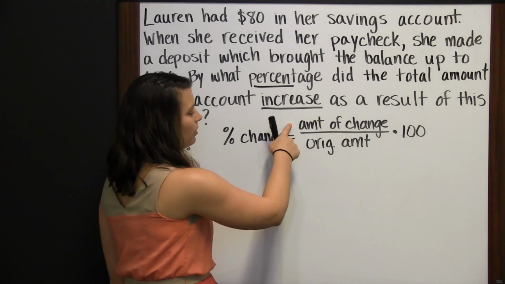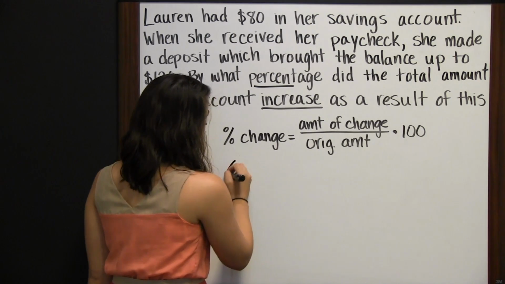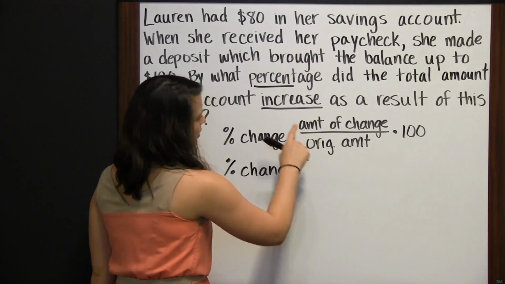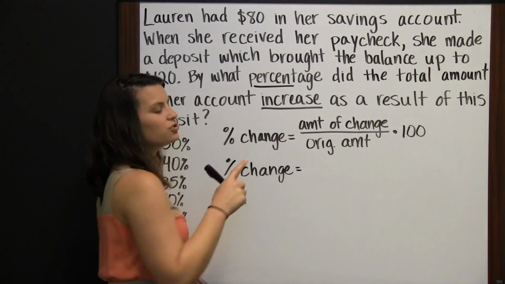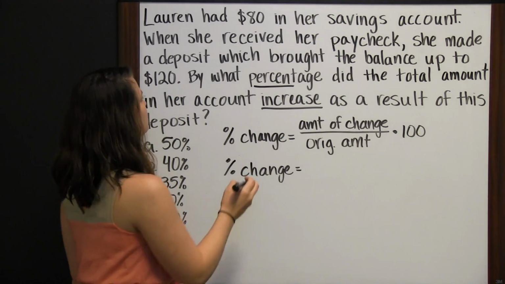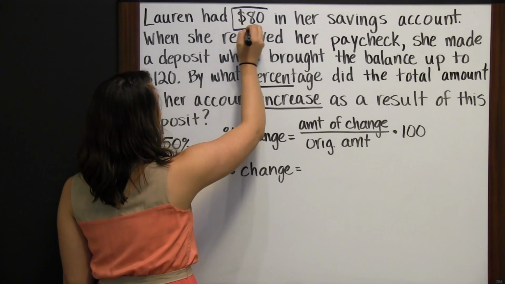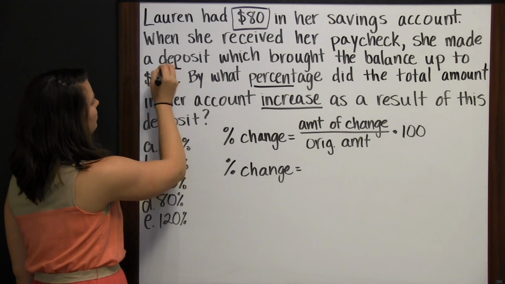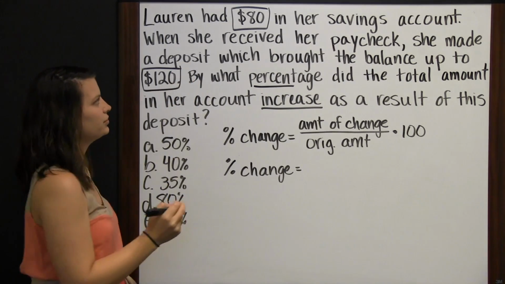So first we need to find our amount of change. The amount of change is found by subtracting the two amounts. So she started at $80 and her balance went up to $120.